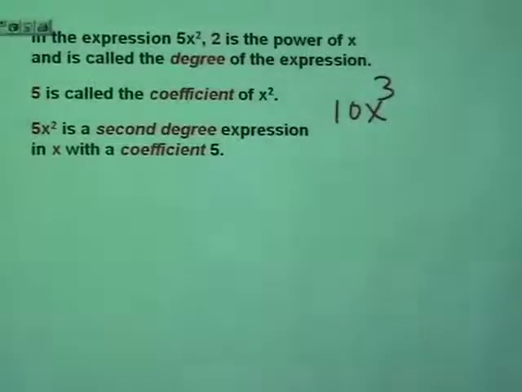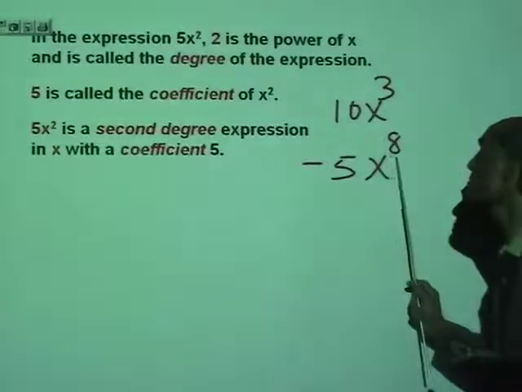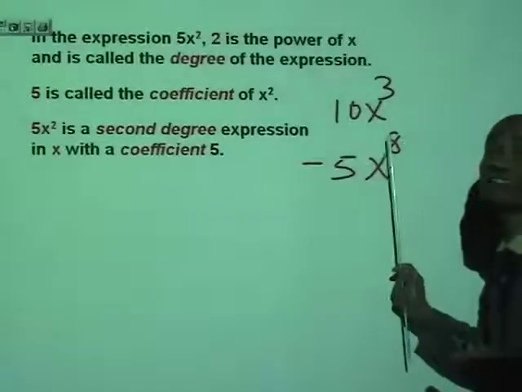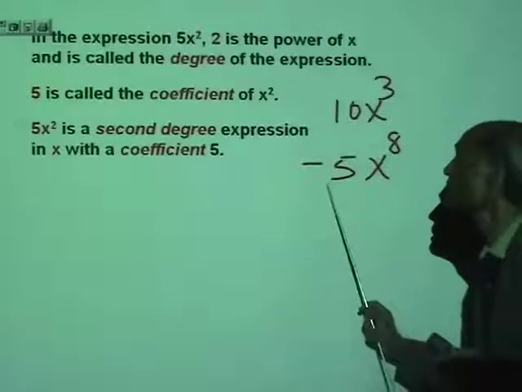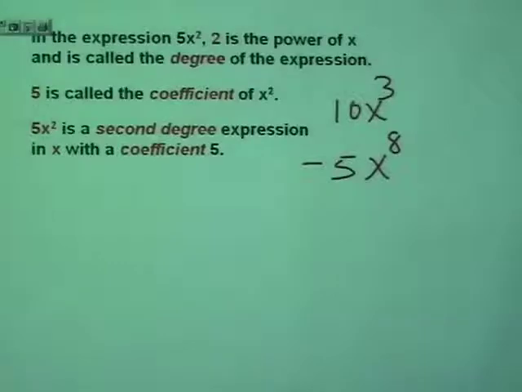Let me write another one. Minus 5x to the power of 8. What is the degree of this expression? The degree of this expression is 8. What is the coefficient? The coefficient is negative 5.